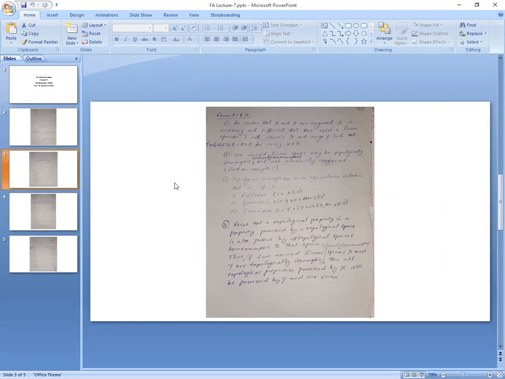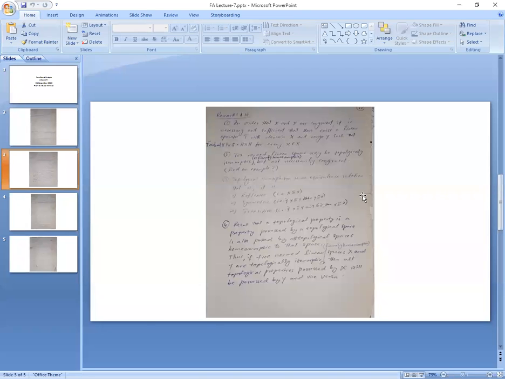Right, we move to the remark. The remark says, in order that X and Y are congruent, or as I said, isometrically isomorphic, so you may use these two terms, isometric isomorphism and congruent, interchangeably.